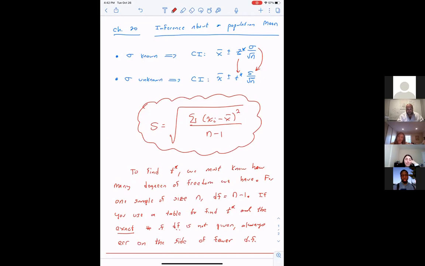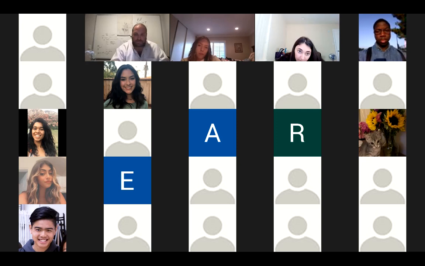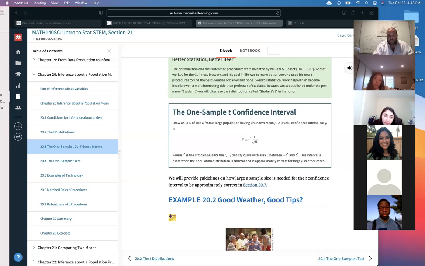You're going to find it in section 20.3 in the box. It says the one sample T confidence interval. In fact, I'll even share my screen, because I think the way I wrote it is even better than the book's, but that's what they have in the box.